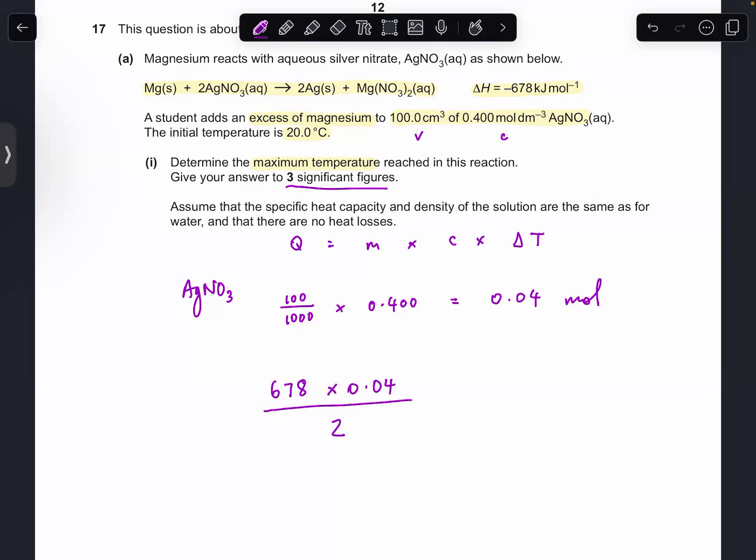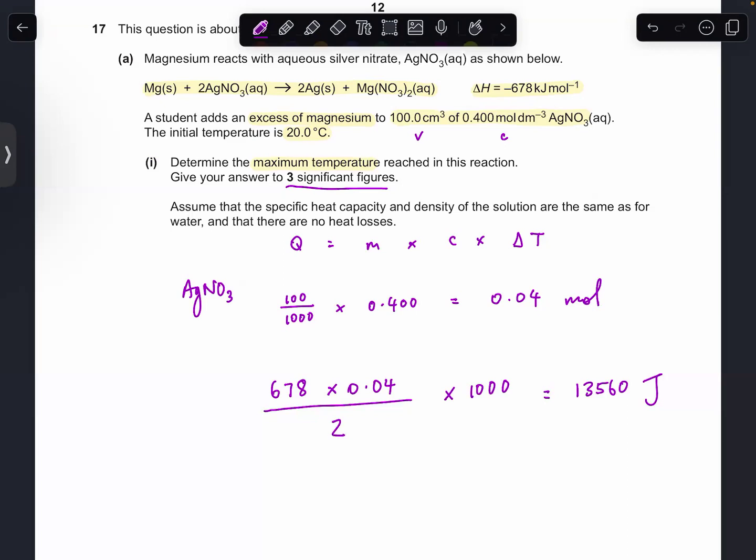This gives your answer in kilojoules, and we then multiply it by 1,000 to convert kilojoules into joules. That gives you 13560 joules.